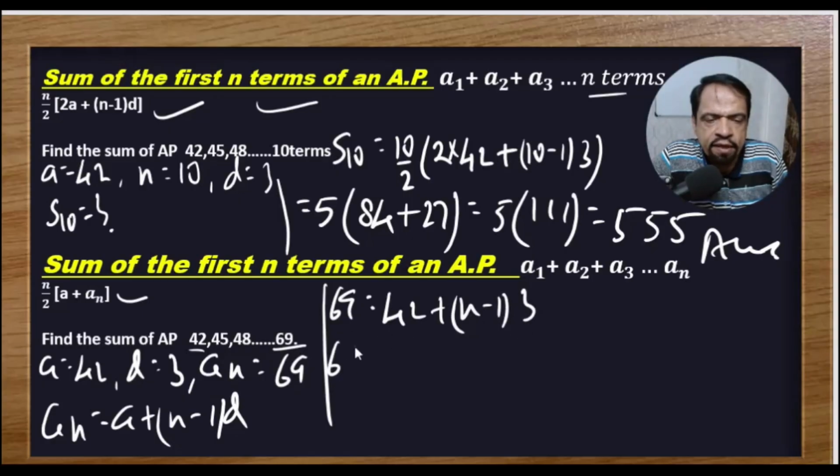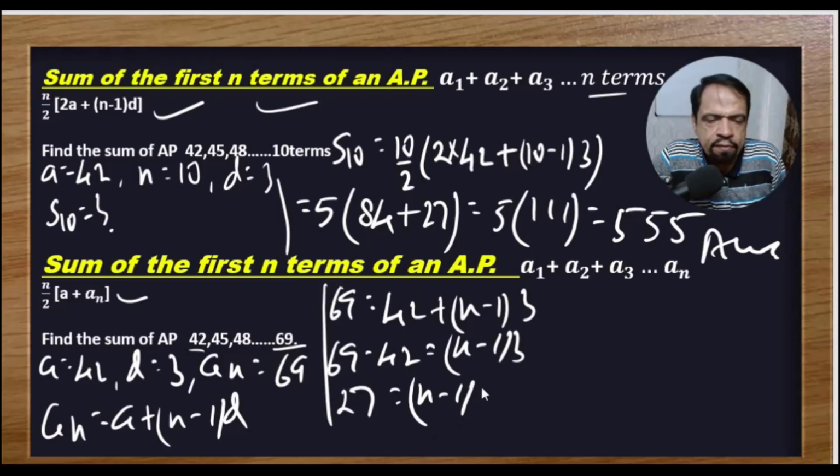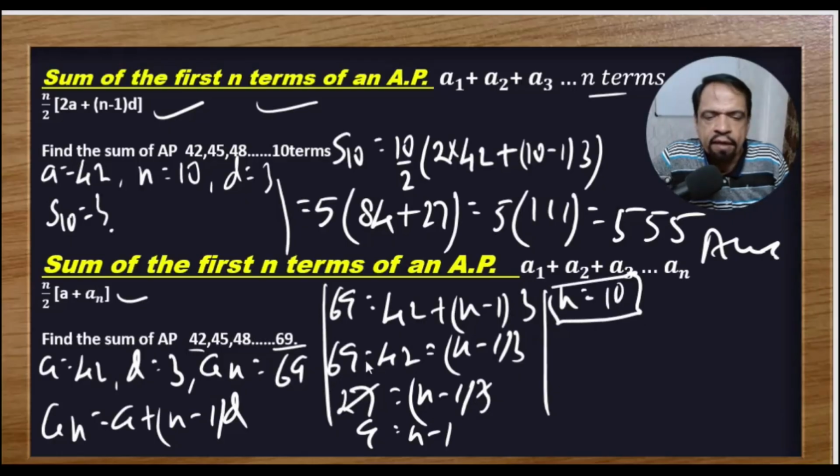So 69 minus 42 is equal to n minus 1 into 3. So dividing by 3, 27 by 3 is 9, n minus 1, so n is equal to 10. Now we can use either formula because we have n, but we should use this formula. It will be very convenient.